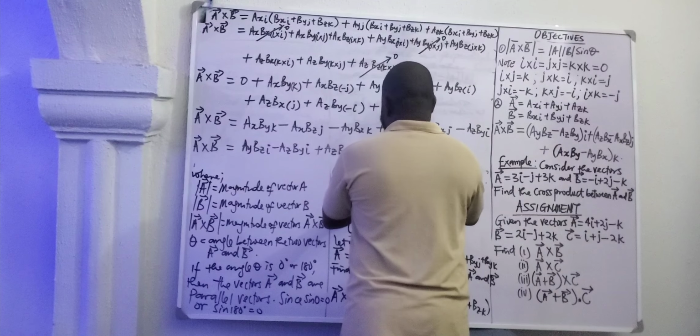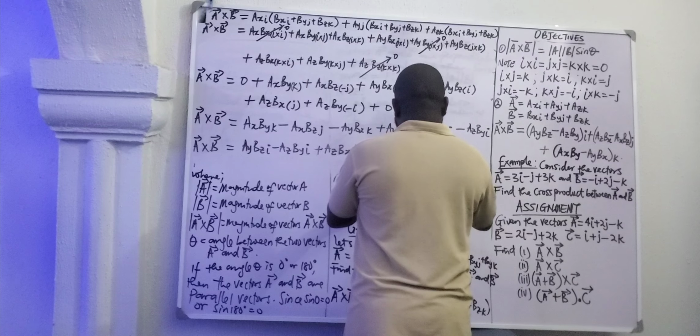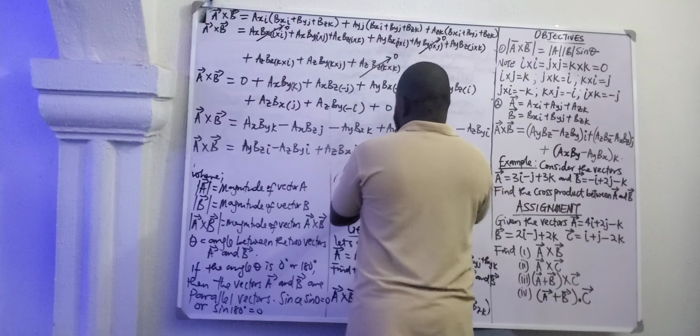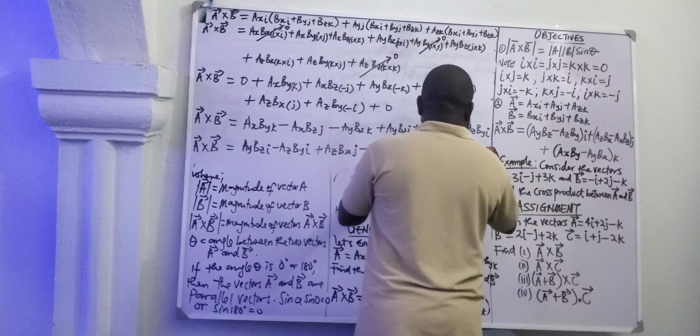So I have plus ax by k and minus ay bx k.